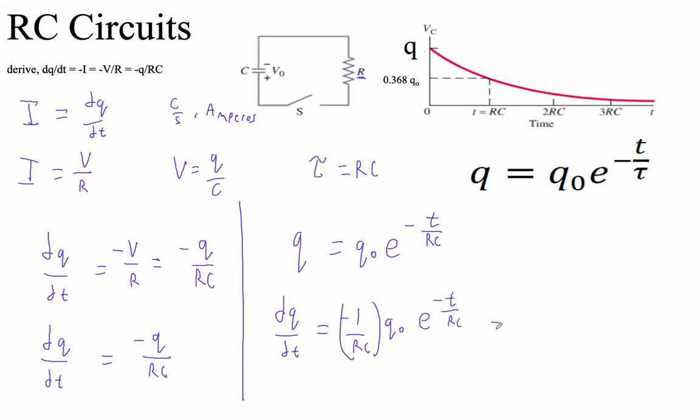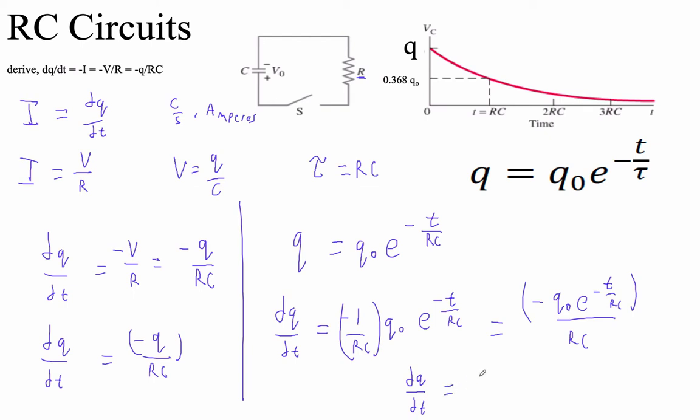Well, hey, look at that. That becomes Q naught e to the minus t over RC, all divided by RC. Isn't this thing in the numerator just Q? So we end up with the actual expression, right? We guessed correctly. Of course, I knew the answer, so it wasn't really a guess, was it?